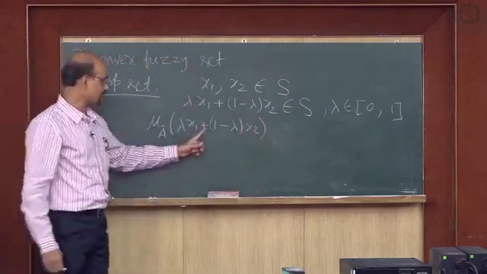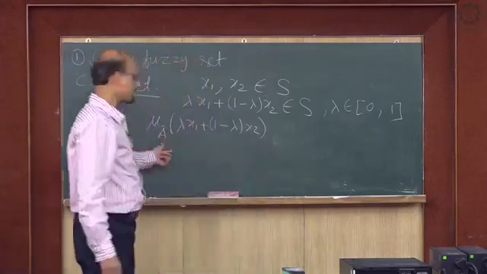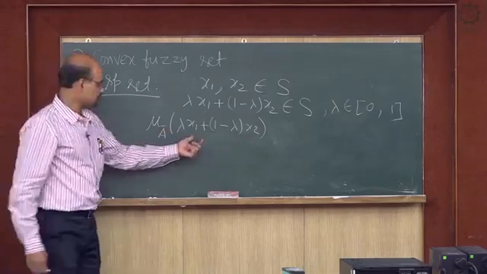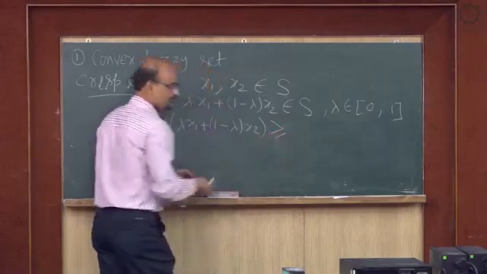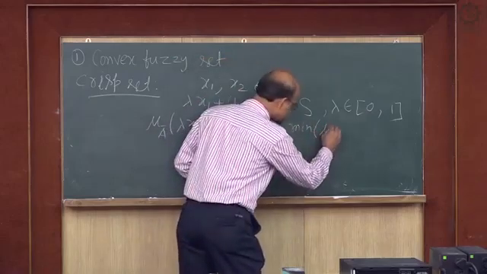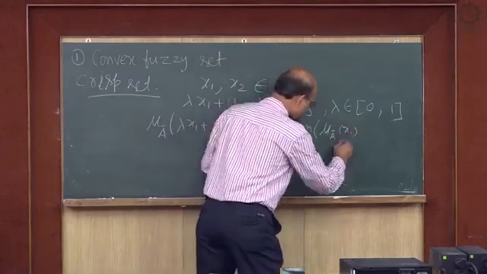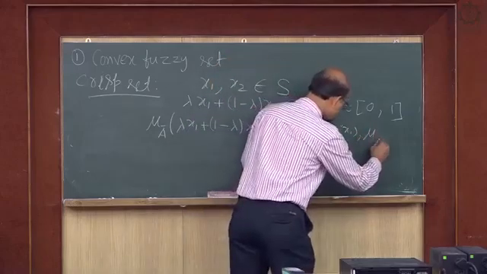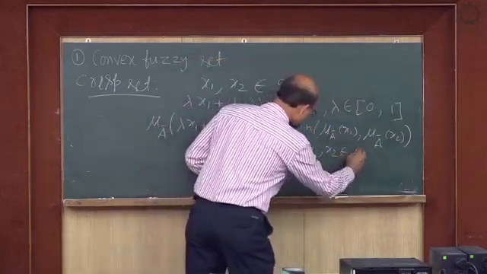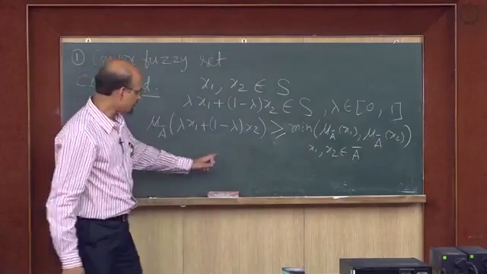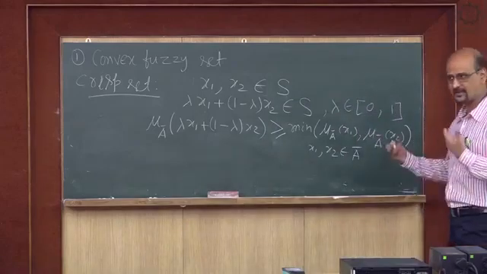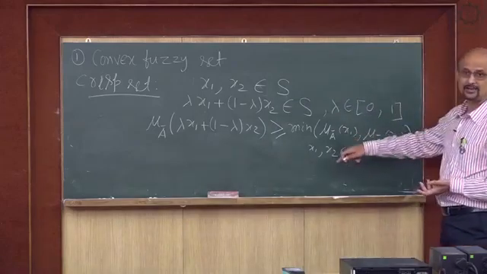That I can find if your x1 and x2 belong to the fuzzy set A bar, that I can find its membership function. Okay. So, then this should be greater than or equal to the minimum of the membership function of x1 on the same set and x2, where x1 x2 belong to the fuzzy set A bar, and remember mu A bar x1 and mu A bar x2 are the membership functions or membership grades of x1 and x2 in A bar.